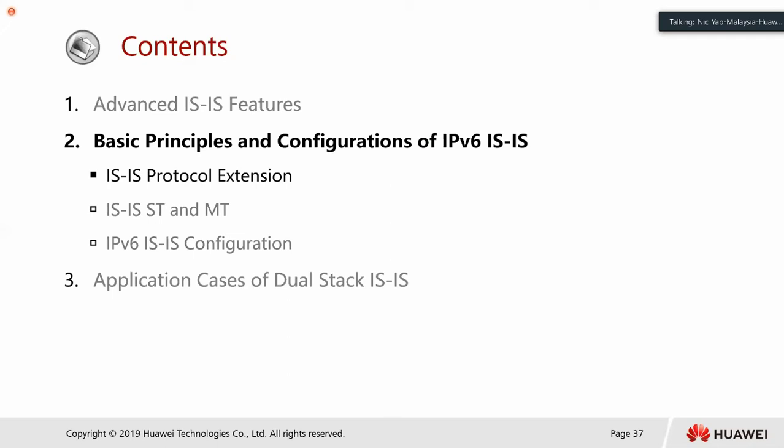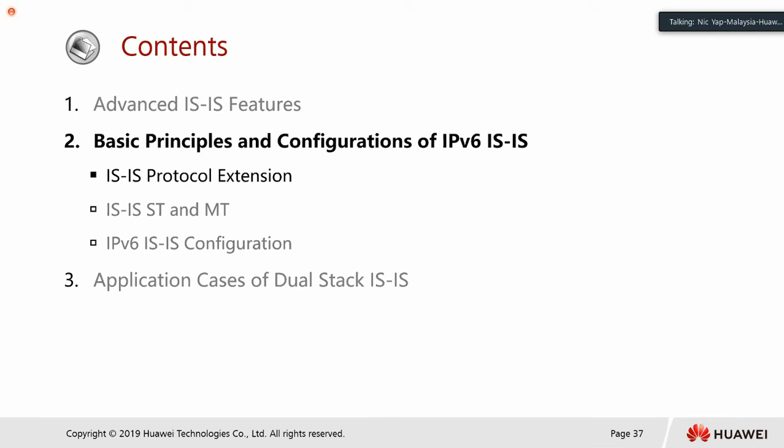Remember that I mentioned this before. For ISIS to support new protocols, they do not need to build a new standard. Like in OSPF, from OSPF version 2 to support IPv6, I need to enable OSPF version 3.